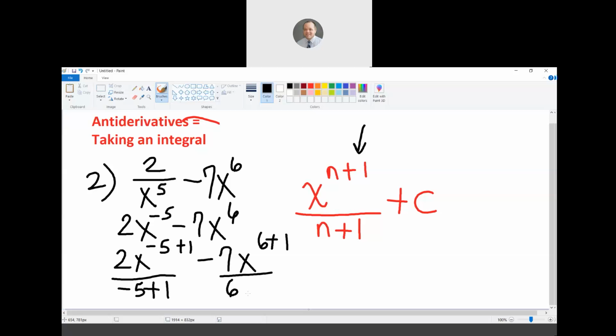And the second one we'll divide by 6 plus 1. So when we simplify, first part we got 2x to the negative 4th power all over negative 4 minus 7x to the 7th power all over 7.